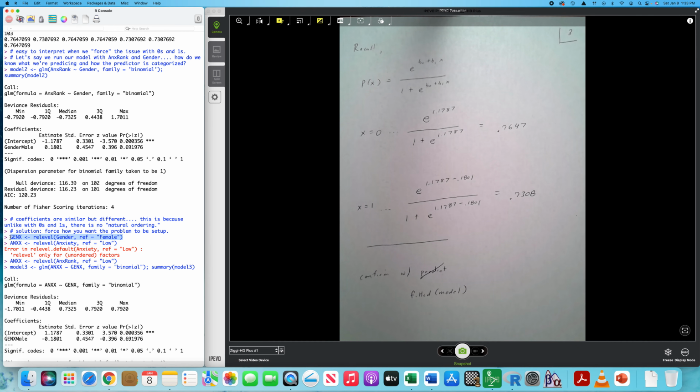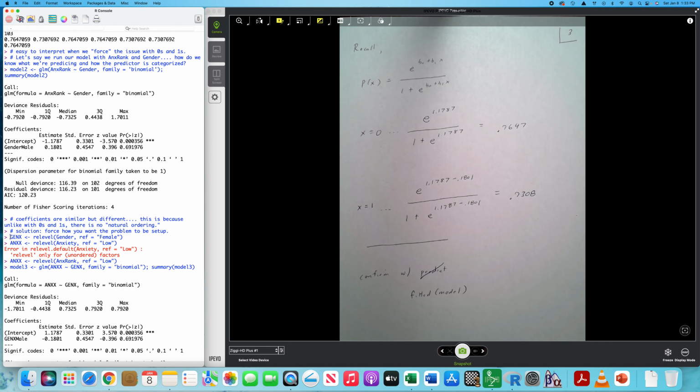Now, again, let me pump the brakes a little bit and tell you, if we have a quantitative predictor, we still have to worry about how the dependent variable is categorized, how it's labeled, so we can interpret correctly. But we wouldn't have to worry about the predictor being categorized or use the relevel, because again, there's a natural ordering.